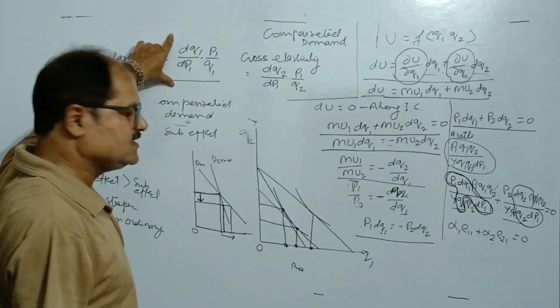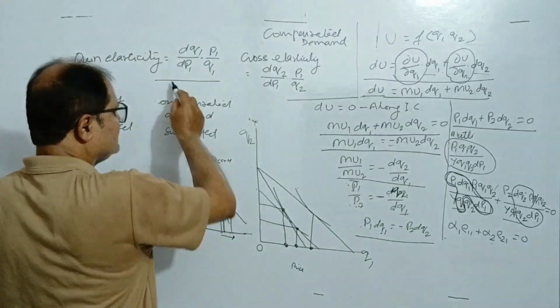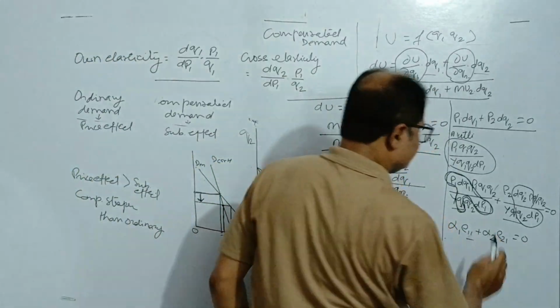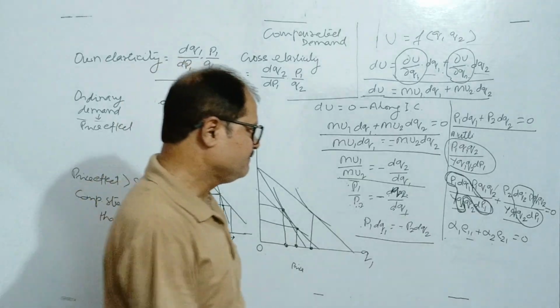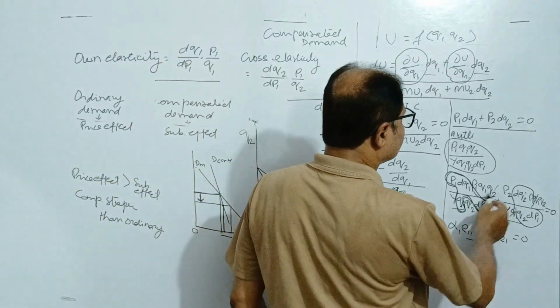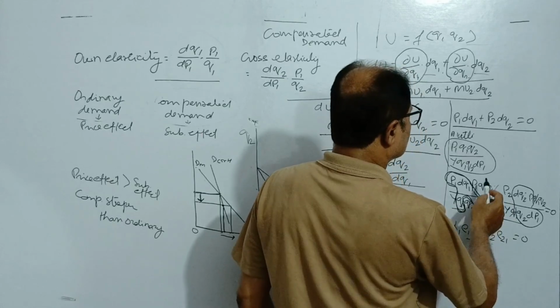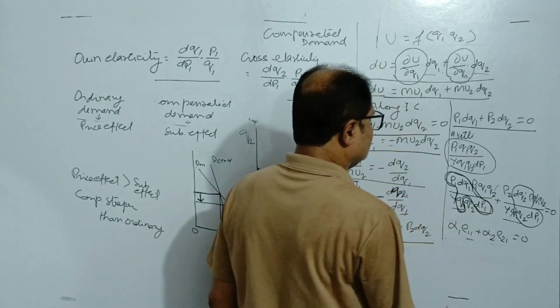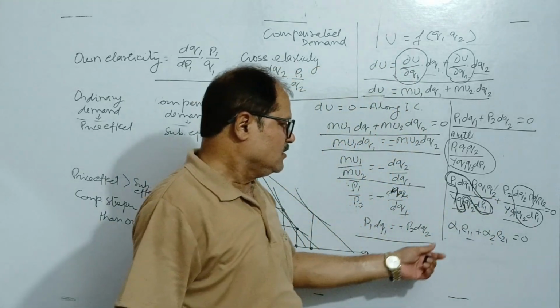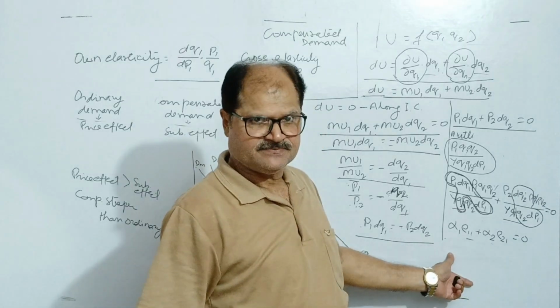This is the same as this one. So, this becomes own elasticity, and remaining P1, Q1, Q2 and Q2 cancel each other. So, P1 Q1 divided by Y. This is share of commodity 1 in total expenditure.